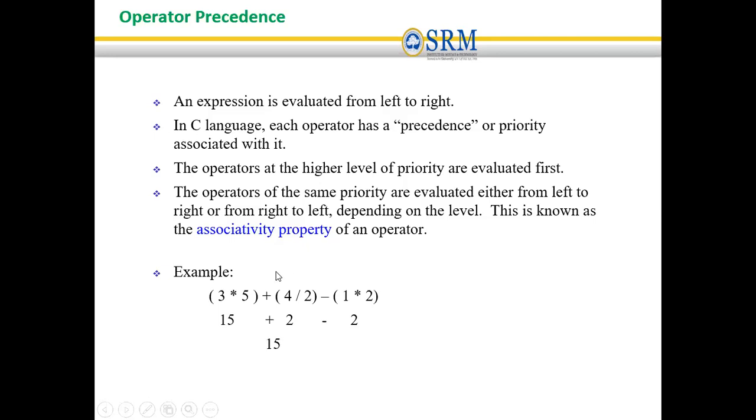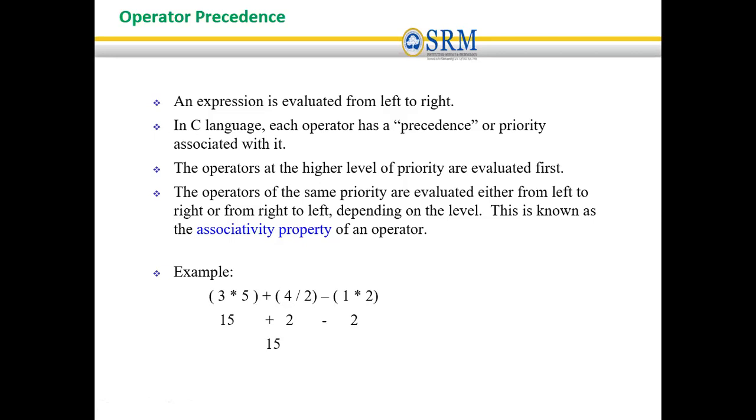Let's consider a simple example: 3 multiplication 5 plus 4 divided by 2 minus 1 multiplication 2. As per the higher priority, the multiplication and division will be considered first.